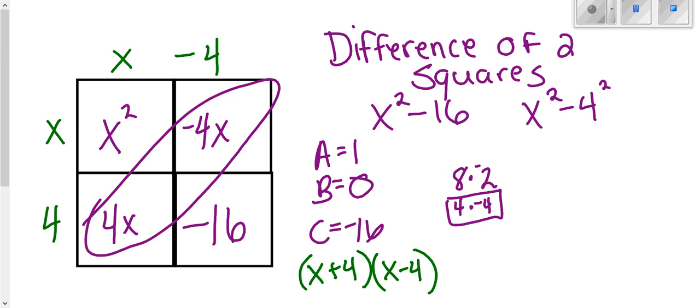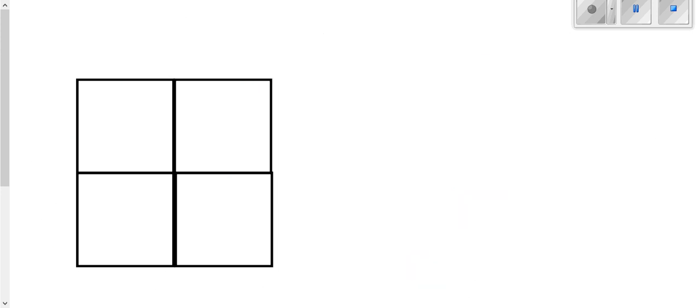Okay, we're going to look at one more to show you that this pattern will work for any difference of two squares and how we can use this to benefit us. Let's look at one more, and you can write down what you see and notice about those. So again, we're looking at the difference of two squares.